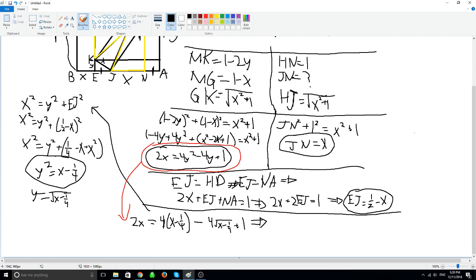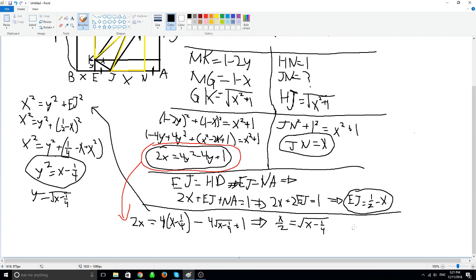Simplifying this enough, you should get x over 2 is equal to the square root of x minus 1/4.